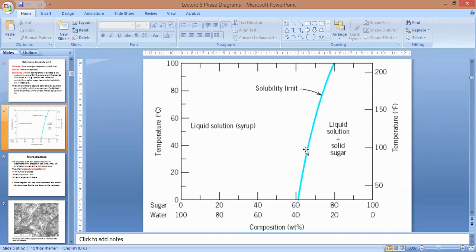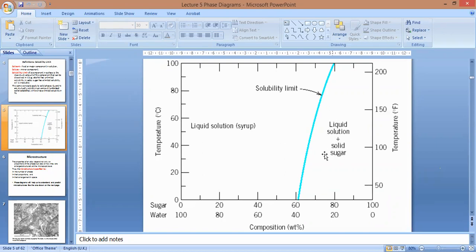So when you cross this line, as you keep adding sugar, any teaspoon or any gram of sugar further from this composition, which is around 60, or if you drop it down here, must be around 65, at 40 degrees, if your water is at 40 degrees, will not dissolve into the liquid solution. So beyond this point, you have a liquid solution plus the solid sugar, the one that did not dissolve into the solution.